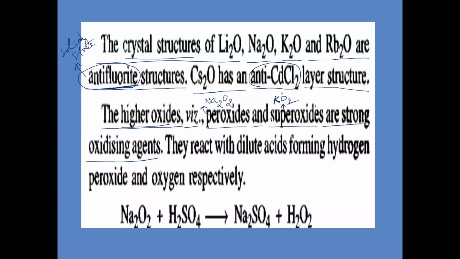Sodium monoxide is a lower oxide, but sodium peroxide is a higher oxide. Potassium oxide is a lower oxide, but potassium superoxide is a higher oxide. So the higher oxides, namely peroxides and superoxides, are strong oxidizing agents. Strong oxidizing agents means they undergo reduction.